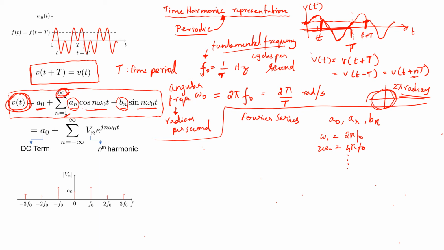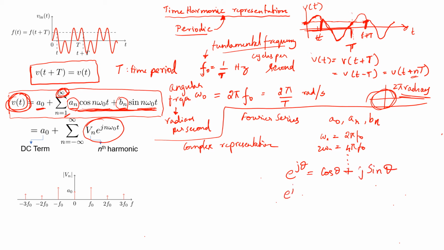Now instead of having to write the long expression of sine and cosine all the time, a convenient way to write this entire expression is to switch to what is called the complex representation, where we write the sine and cosines in a more compact notation using Euler's identity, which says e power j theta is cosine theta plus j sine theta.